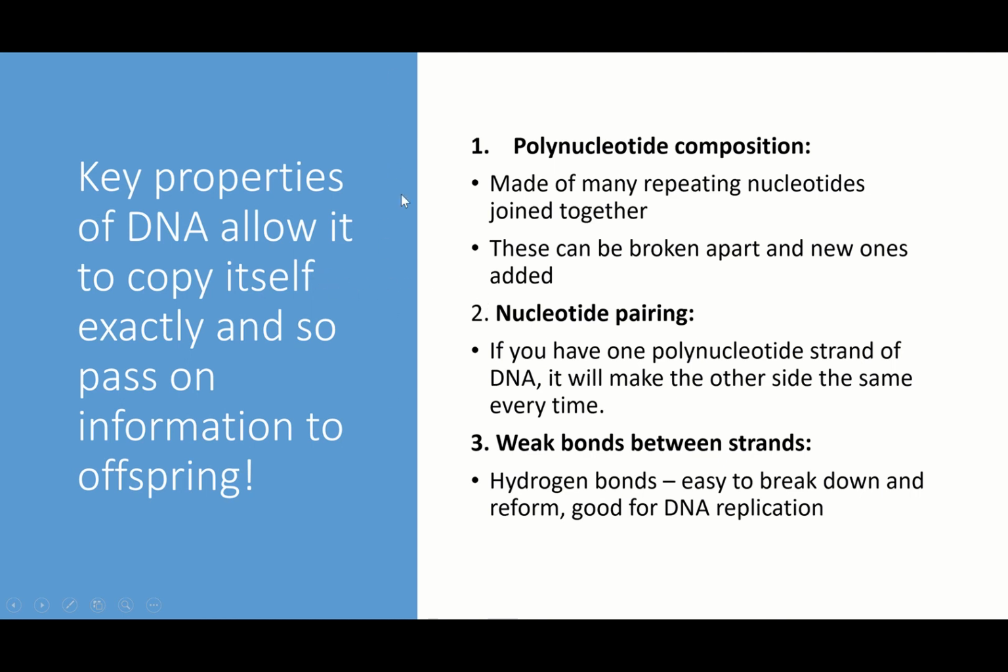They join together like pancakes. Imagine you have a flat pancake, and that's your nucleotide. When you stack one on top of another, that's your polynucleotide. And your DNA, just imagine, is a chain of pancakes all stacked really tall together. But that's not possible because, you know, gravity. And these can be broken apart and new ones added.